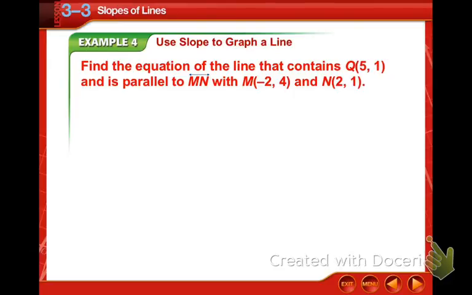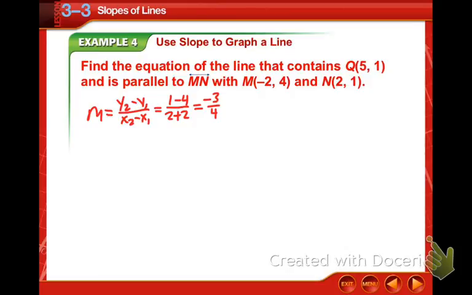So first thing, we need our slope. It's y2 minus y1 over x2 minus x1. y2 we'll say is 1 for the N, minus 4 over 2 minus negative 2, so it's plus 2. So it's a negative 3 over 4.